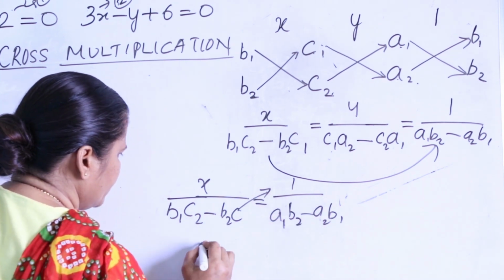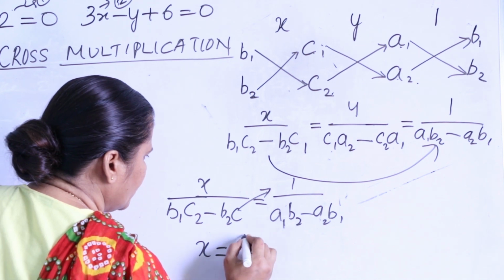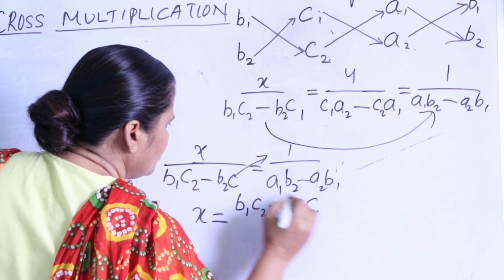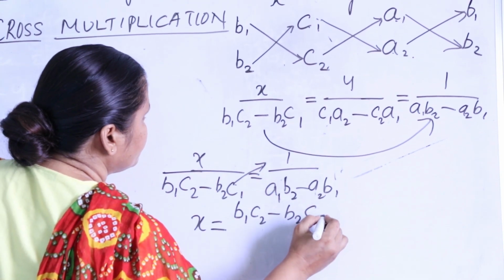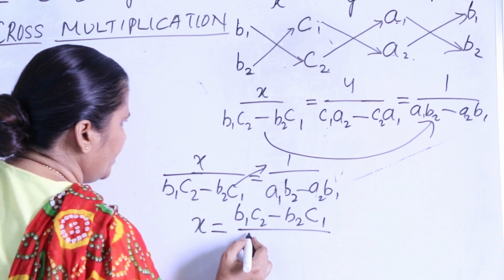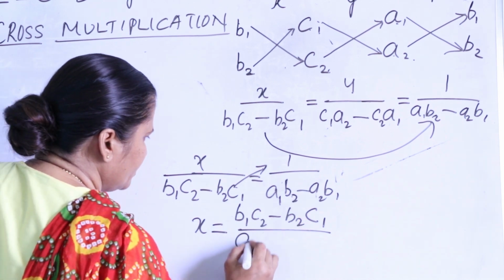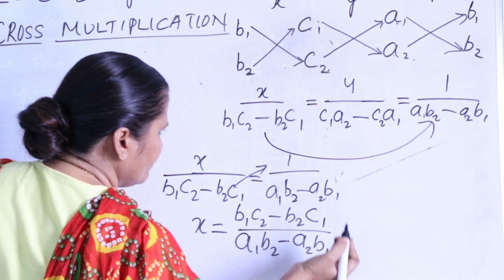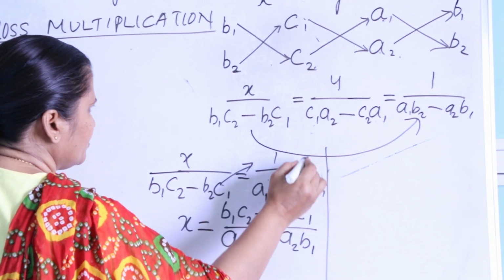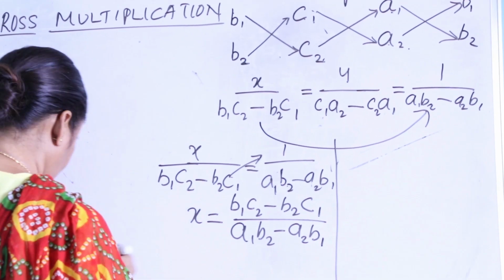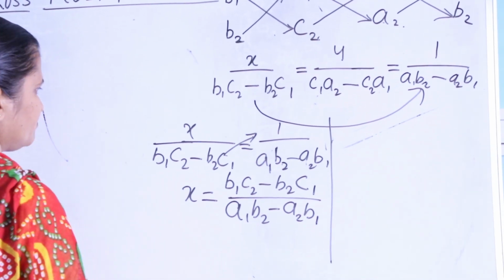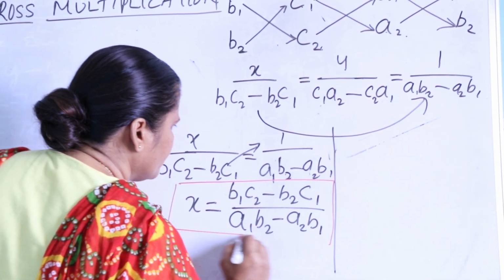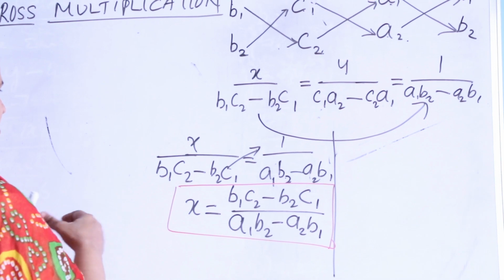Bring this here: X is equal to B1 C2 minus B2 C1 divided by A1 B2 minus A2 B1. This is the formula we get.